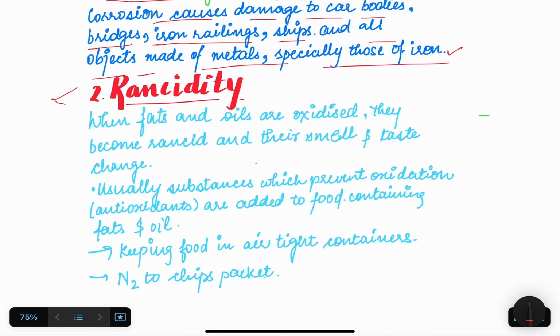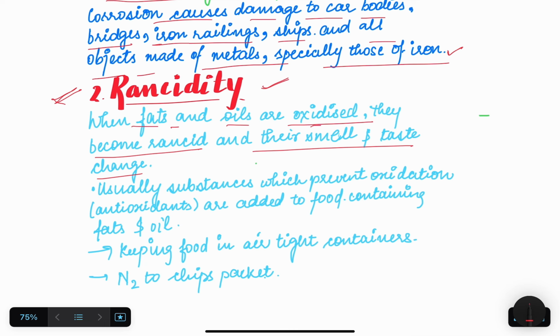Another example is rancidity. When fats and oils are oxidized, they become rancid and their smell and taste change. Sometimes you see when fatty, oily substances are left exposed, they start smelling different and their taste also changes. This process is termed as rancidity.